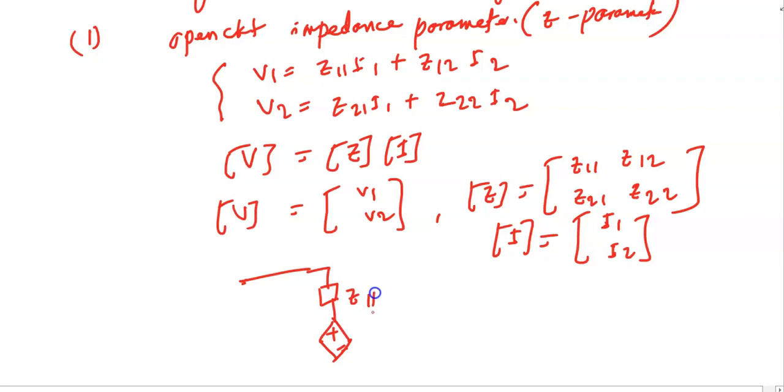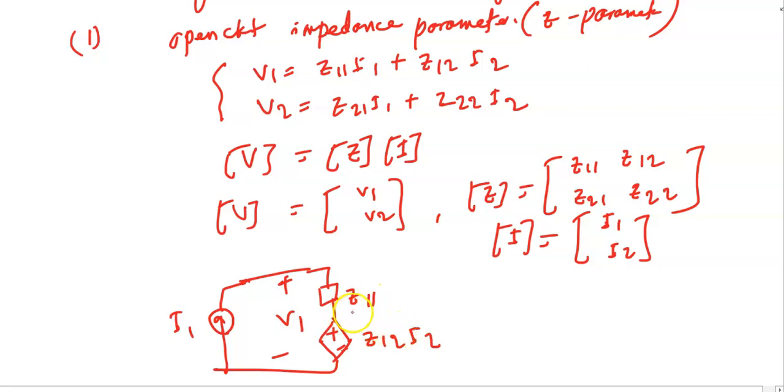So this is your Z11, then Z12 I2, and you apply a current source I1 here, and this is your V1. You just apply KVL here, and you will find V1 is equal to Z11 I1 plus Z12 I2.